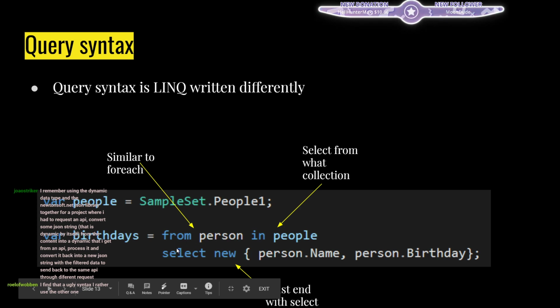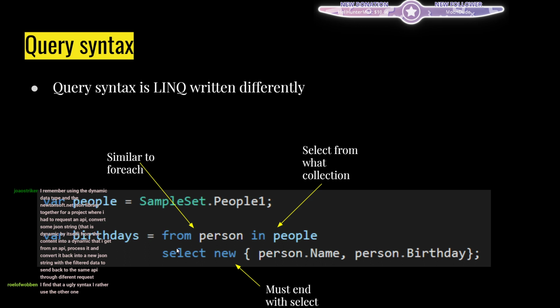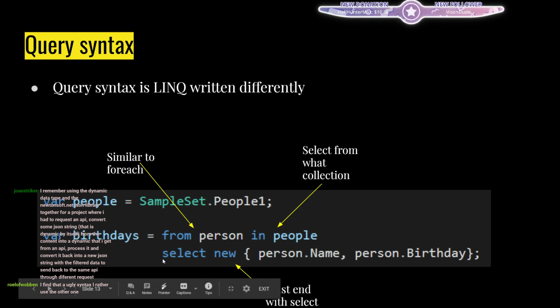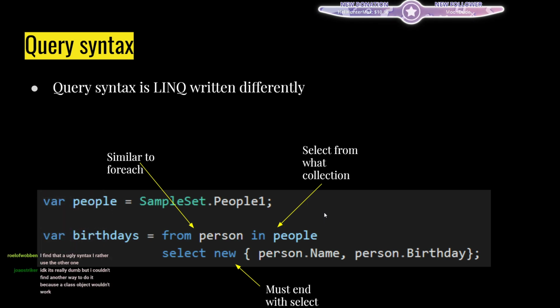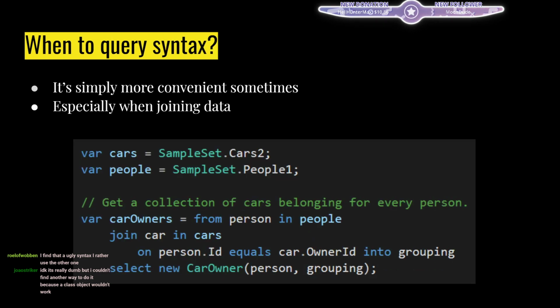So the structure is from element in collection, and then you can do whatever you want. For example, select new people and so on, right? In live coding, I'll delve more into query syntax and show more examples.